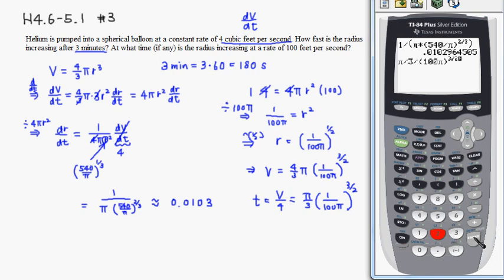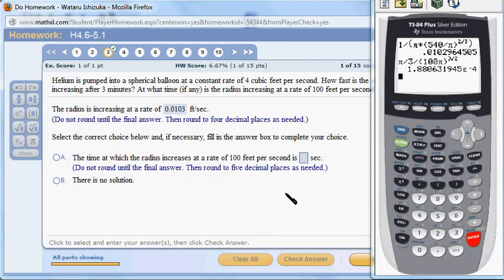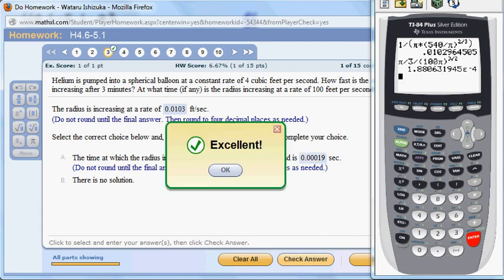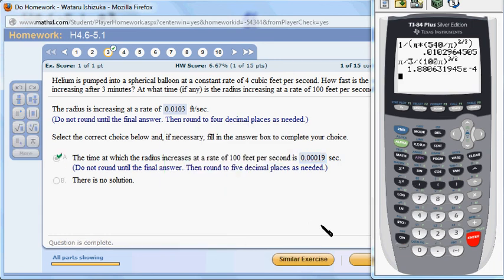So that's going to be equal to 1.88 times 10 to the negative 4 power. So this is going to come out to be about 0.00019. Let's type it in. 0.00019. Check the answer. That's that, that's it. I hope that this was clear.